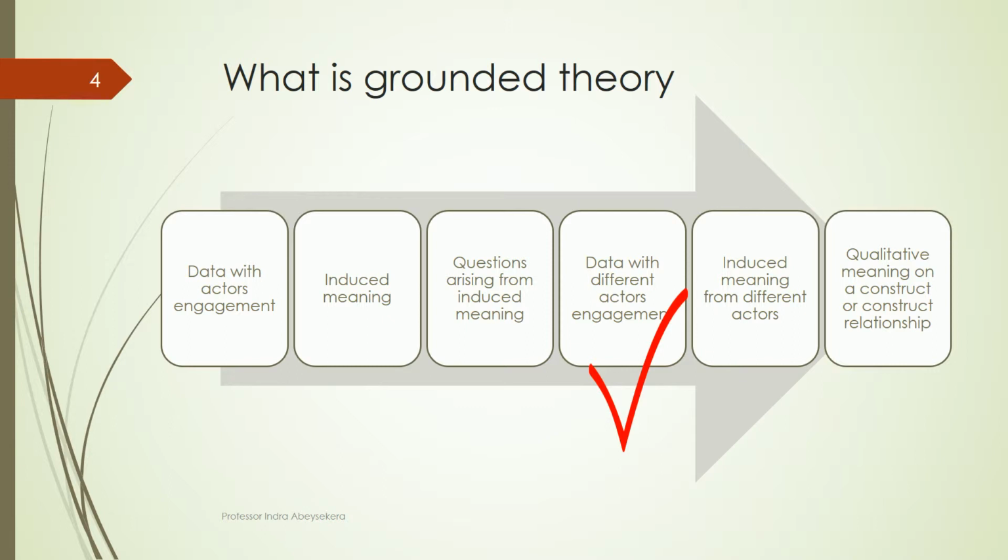Which means the researcher might now go to a different context or different actors to obtain additional data about the emerged phenomena from the previous data set. The researcher then analyzes that second data set, inducing meaning from different actors. And this process can continue.